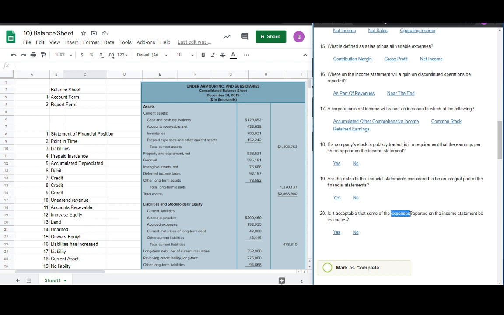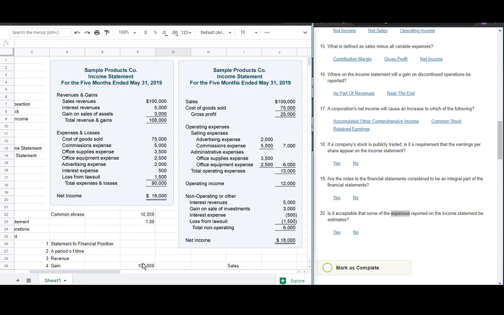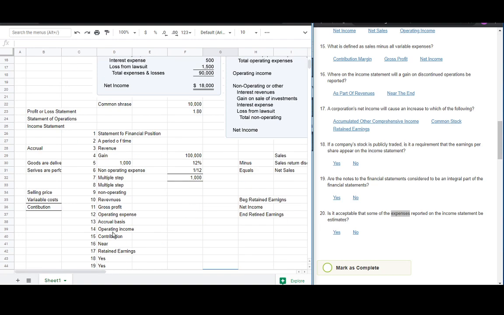Bad debt expense. We estimate using statistics, for example 5% is uncollectible. Or depreciation expense, we estimate it by using the best depreciation method that the accountant would like to use. So all of these are estimates, but estimates with a good reason and a good basis.